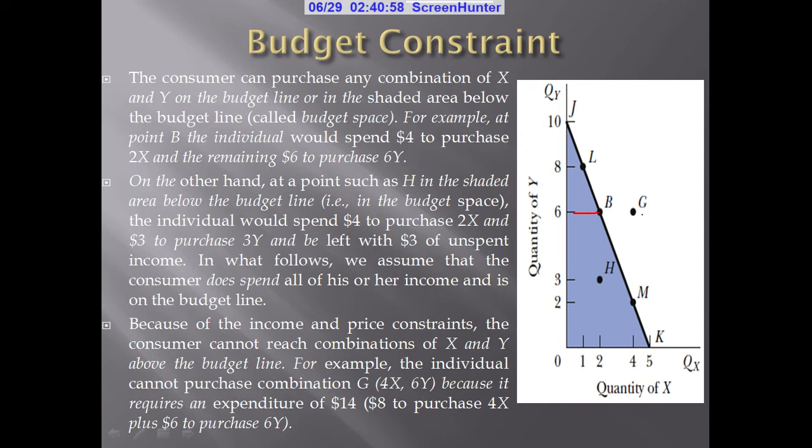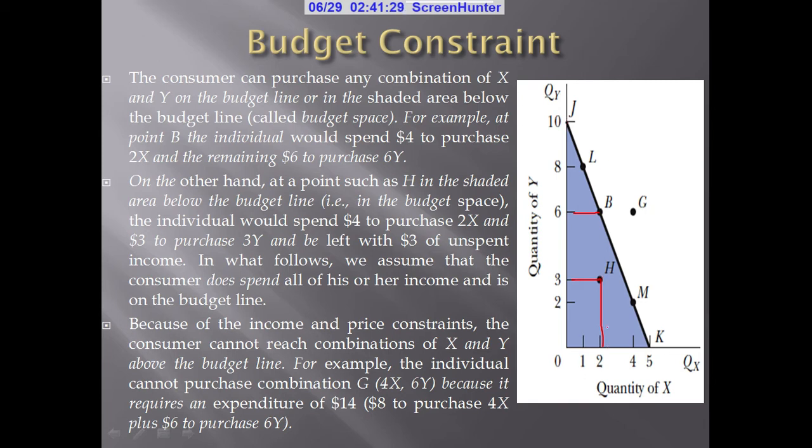On the other hand, point H is in the shaded area, not on the budget line. The individual is consuming only 3 units of Y and 2 units of X. Total outlay on the consumption of Y equals 3 into 1, since the price of Y equals 1. Therefore, total outlay on Y equals 3.